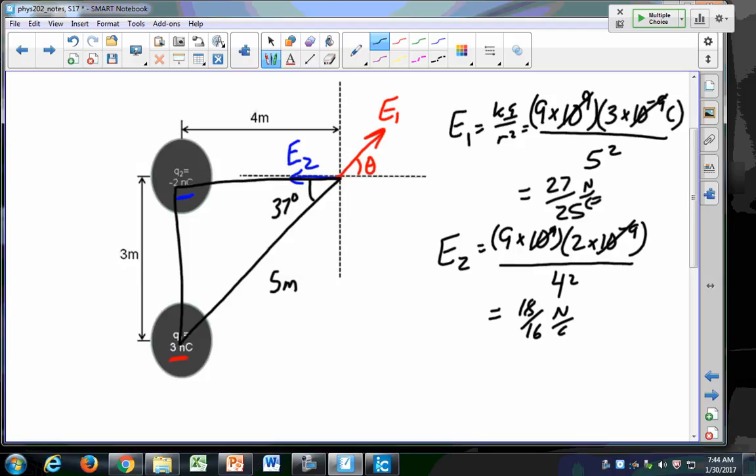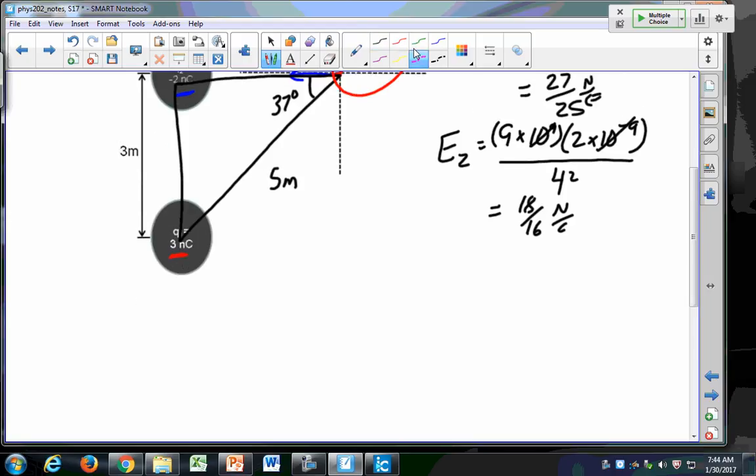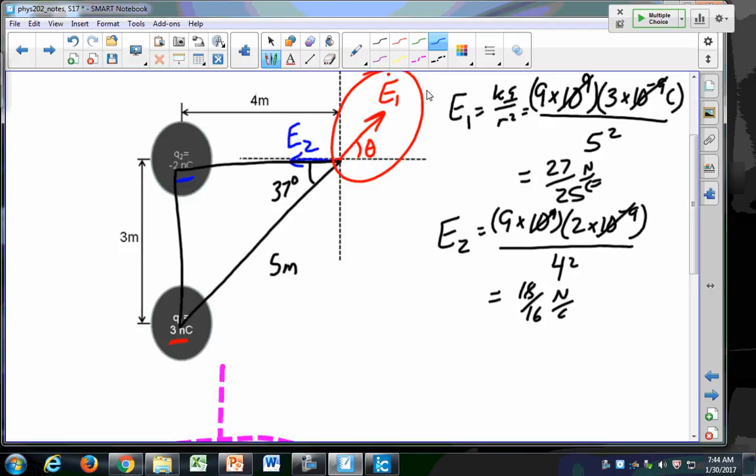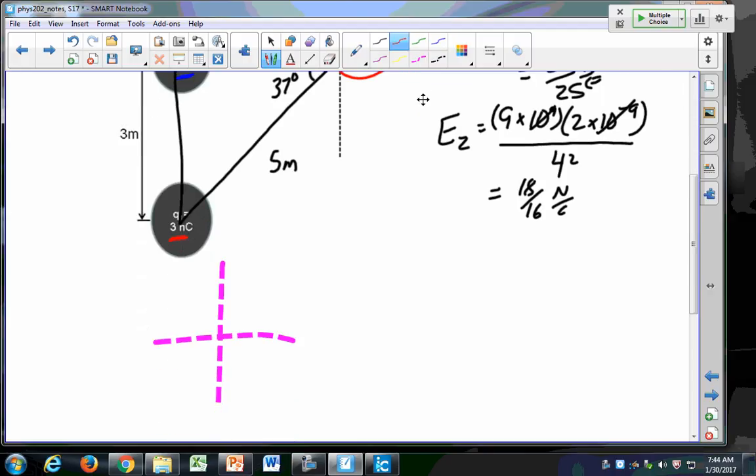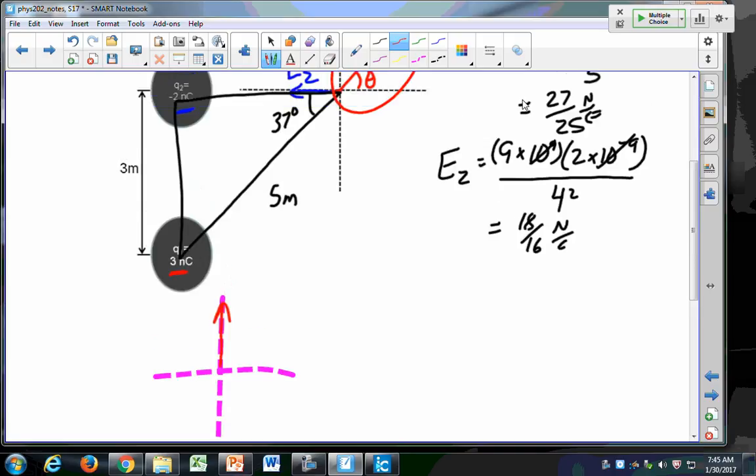Now that we know the magnitudes, we find the components of E1. I set up a new coordinate system. You might not draw all these pictures, but I find it useful to do so. E1 has two components.